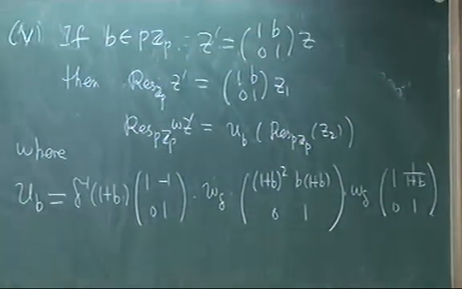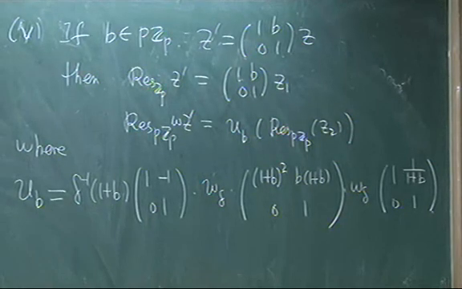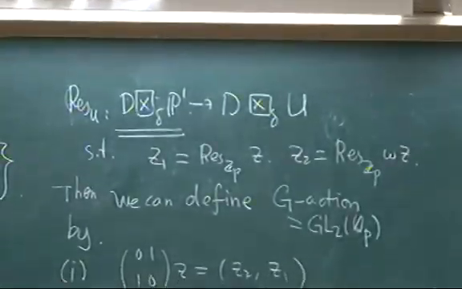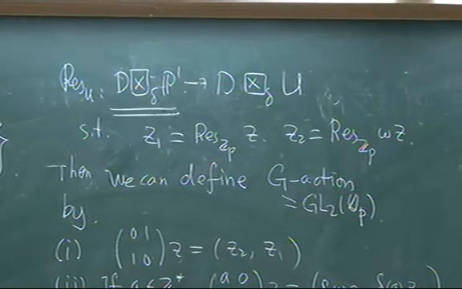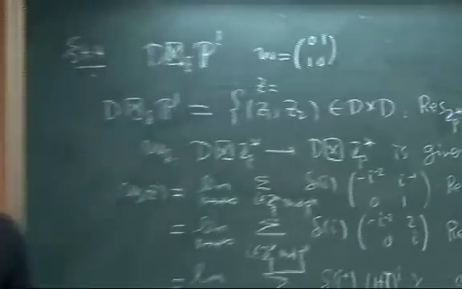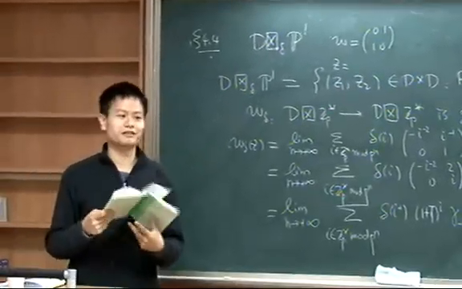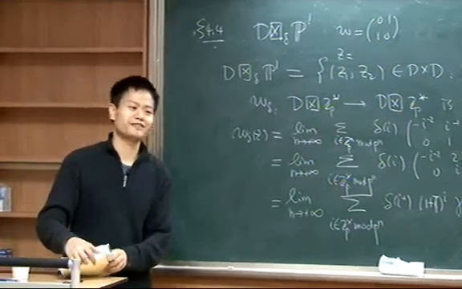So now, because of this G action, we really get a G module or G representation. Okay, that's quite a lot. So I think I finished today, and then tomorrow we will just talk about those theorems, but I will not explain, and I don't know how to prove it yet. Okay.